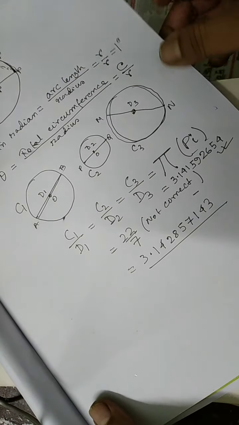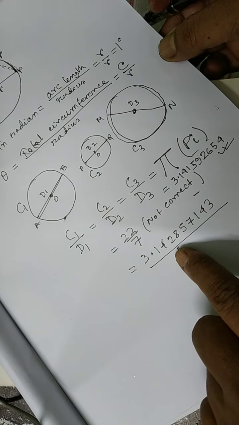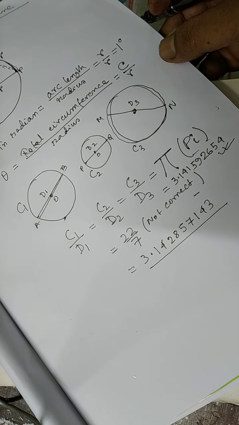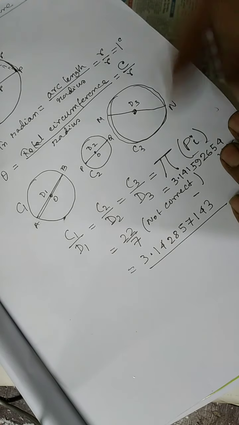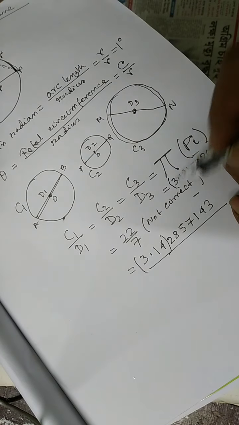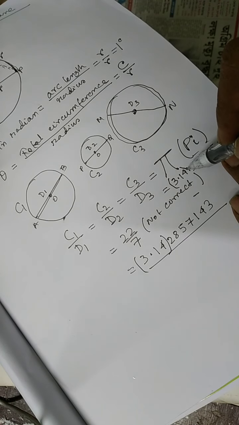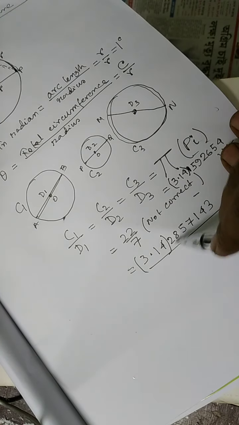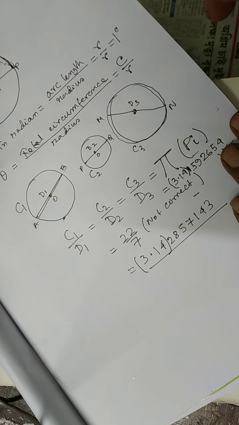Look very carefully: this is 3.1428, this is 3.14159. But up to 3.14, both are very near to each other. And if you take 3.141 and 3.142, they are also very close to each other.